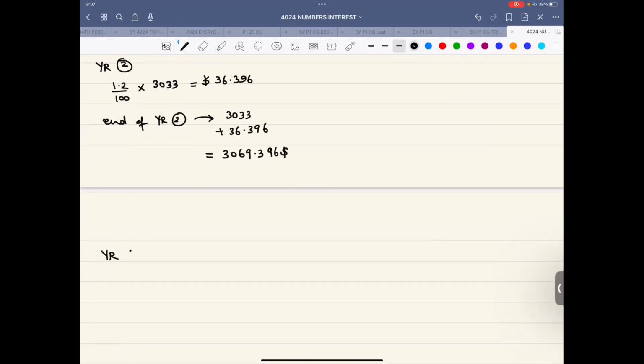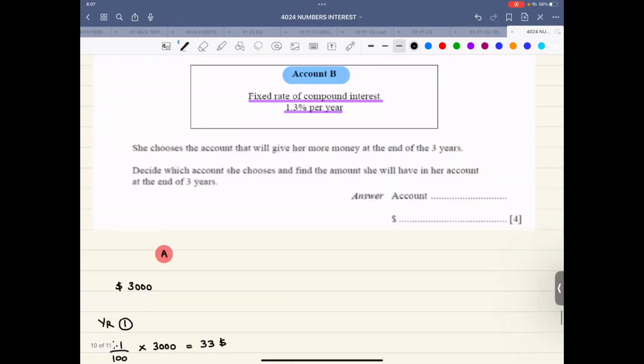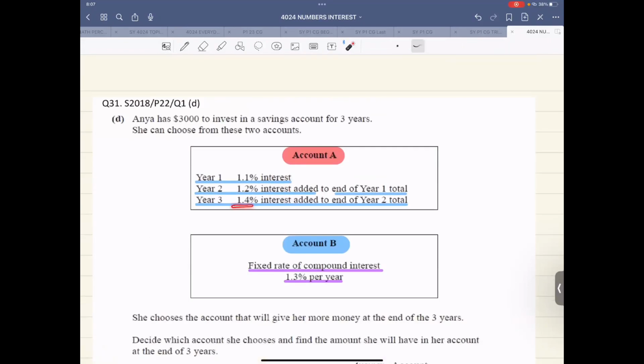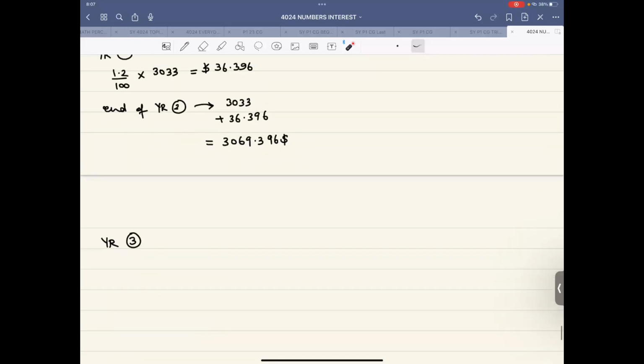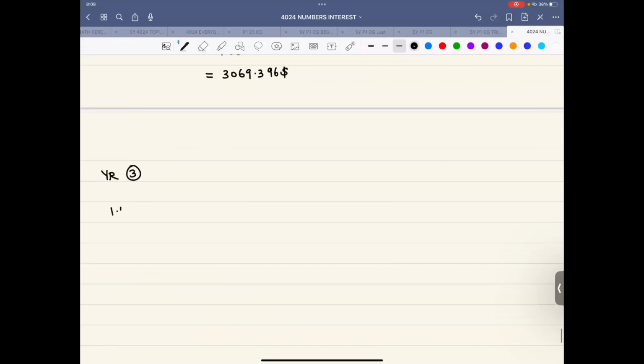Now, what is happening in year 3? How much interest is being charged? Now, 1.4% interest added to the end of year 2 total. So 1.4% interest. So therefore, 1.4% of means multiplication of 3,069.396. Let me multiply it with this value.